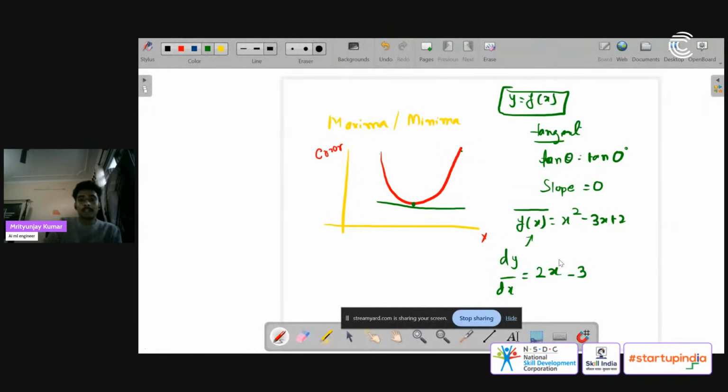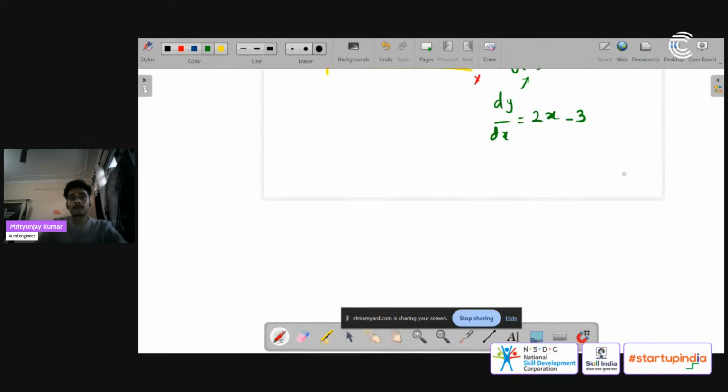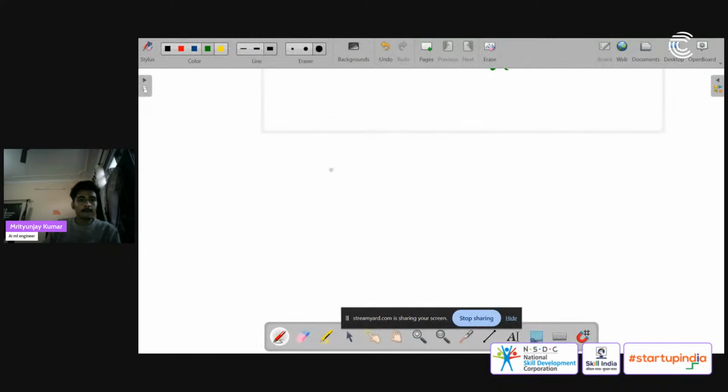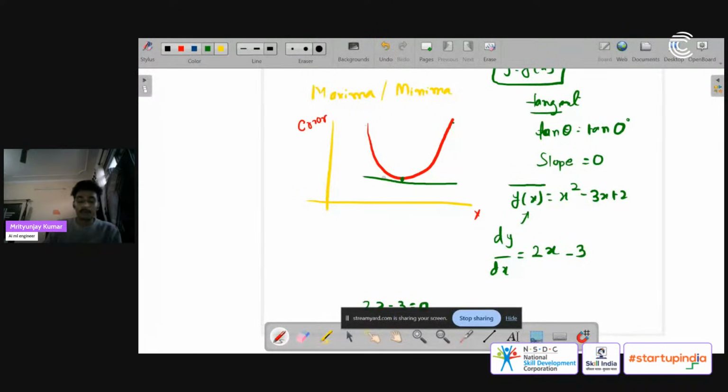And our target is to find the value of x, so we are just going to put 2x minus 3 equal to 0. This is the global minimum, and this will be the error.